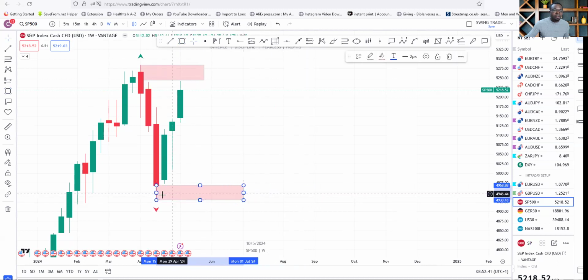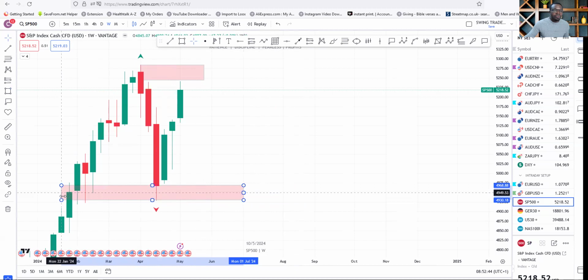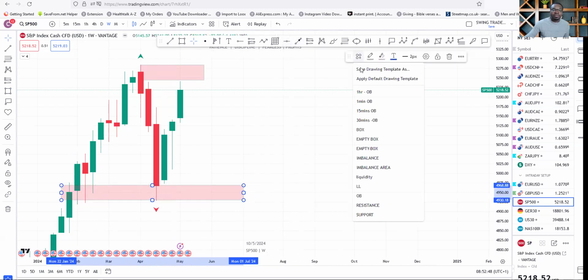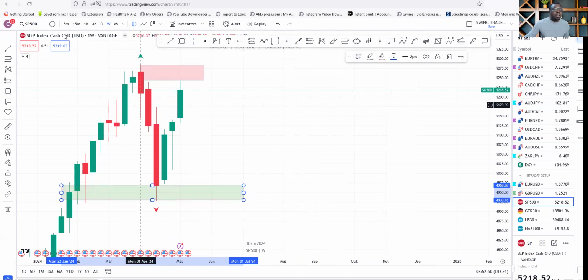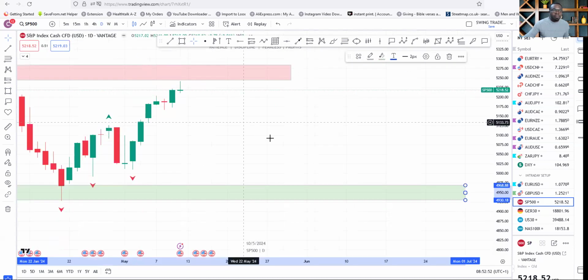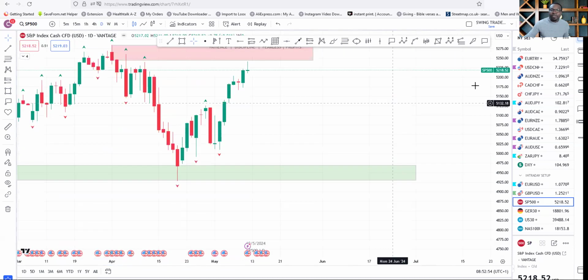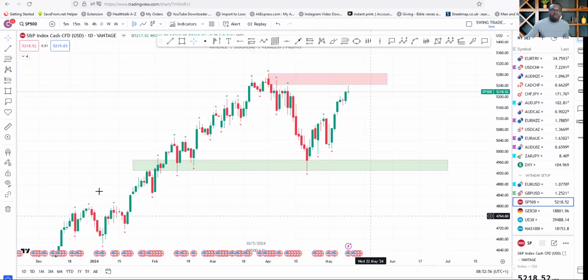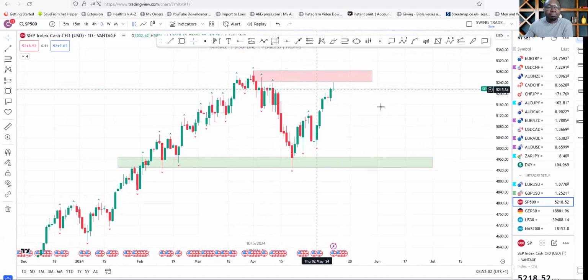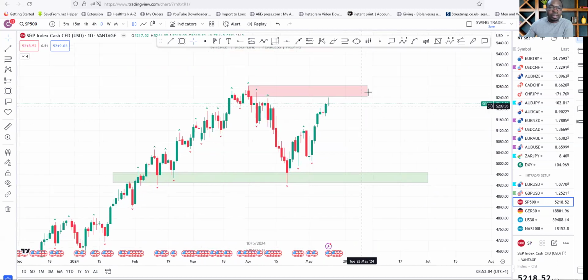Oh, look, that's support area. If you drag it to the other side, you see price reacted right there, which is great. Now we'll go to the daily, and now we see it's a very clean area of support that we have highlighted. No confusion. So now what we're looking at is that price may begin to retrace, but we're not sure.